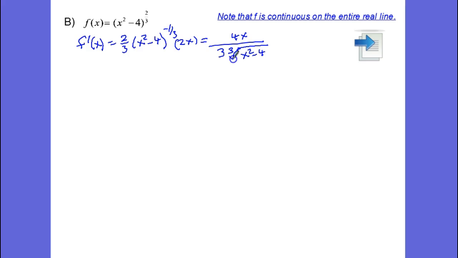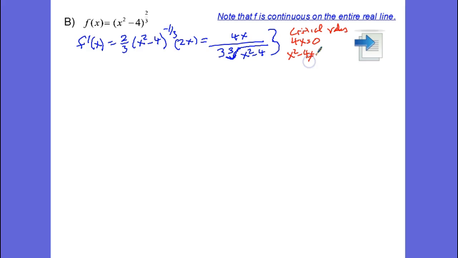And let's think about our critical values. When are they going to occur? So we get critical values when the derivative is equal to 0. That's going to happen when 4x equals 0. We also get critical values when the derivative does not exist, and that happens when this is undefined, or in other words, when x squared minus 4 is equal to 0.